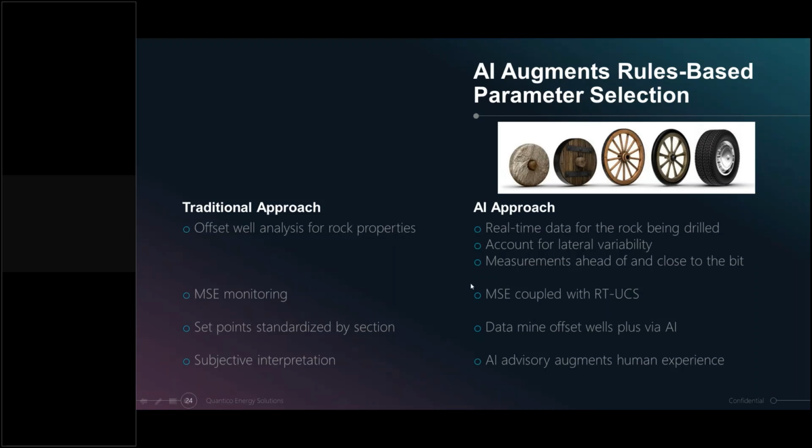Now the power is, what if I couple a closed loop system with real-time compressive strength? Traditionally, it was set points standardized in advance by section, before drilling. Now you have full data mining in real time of offset wells for the specific variability in the well you're drilling and in that next section of rock.